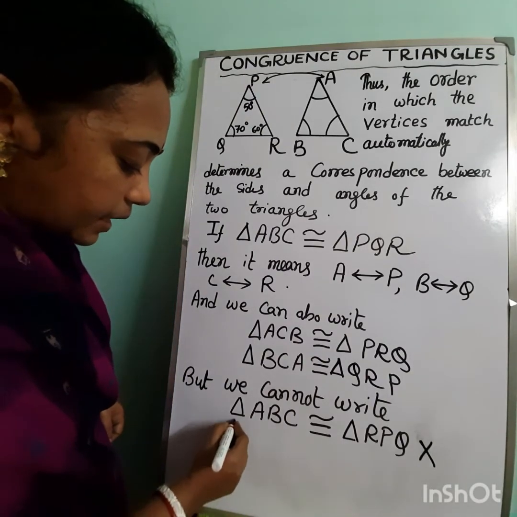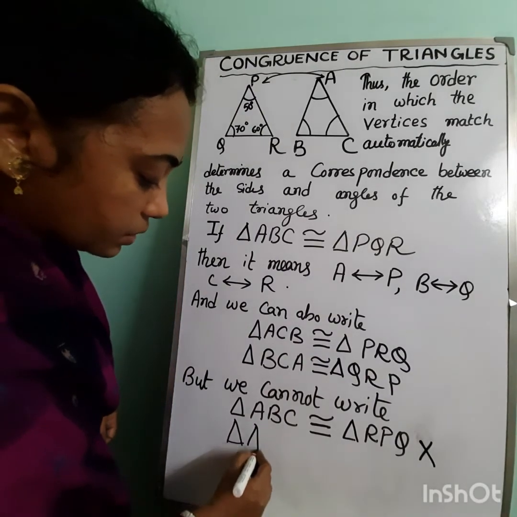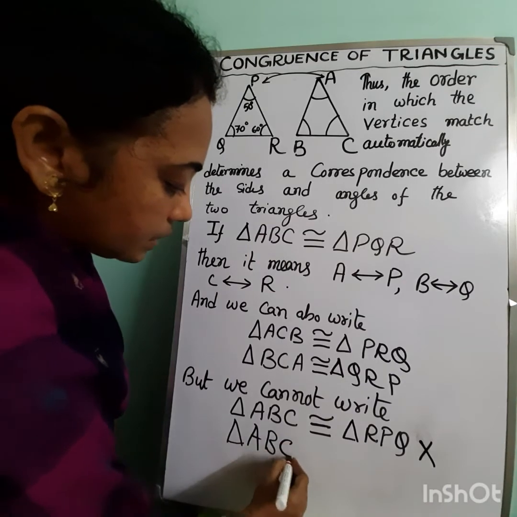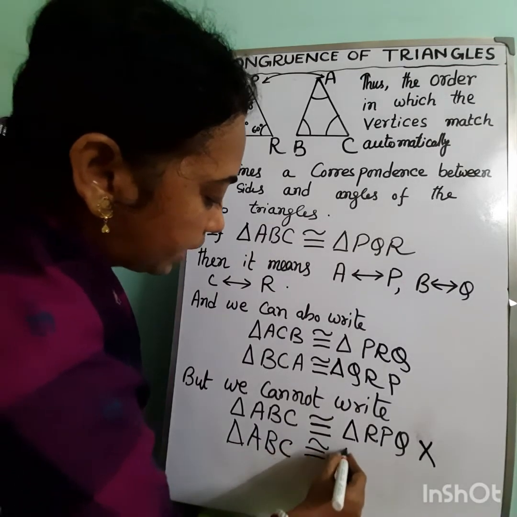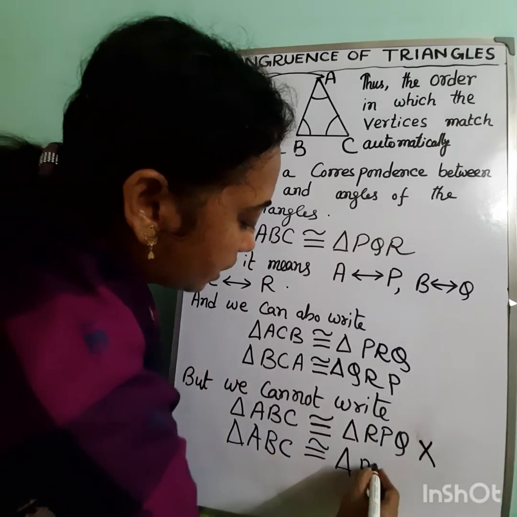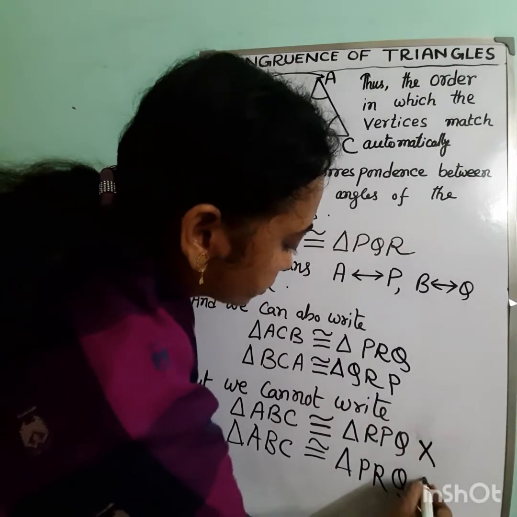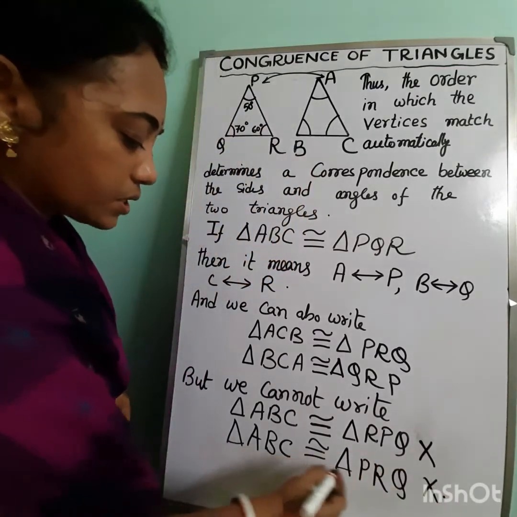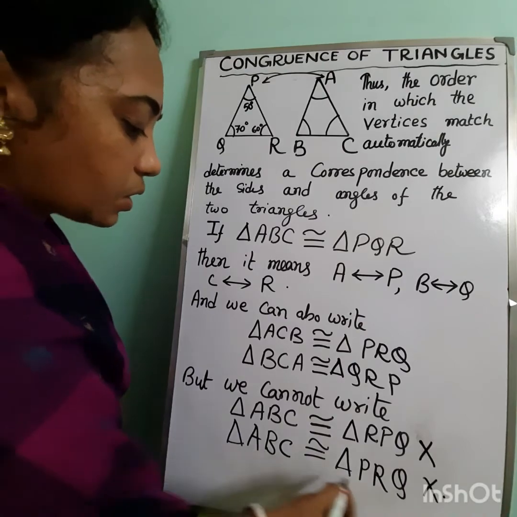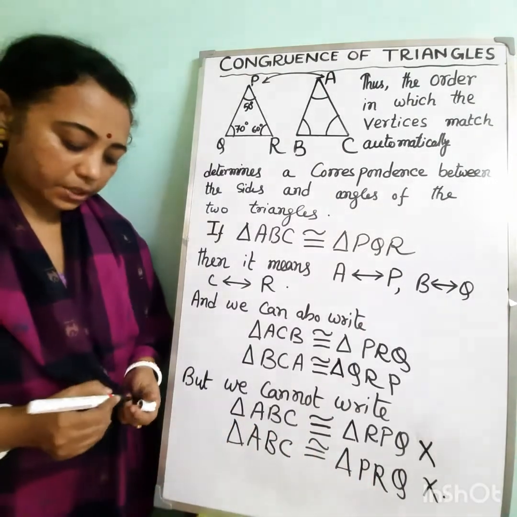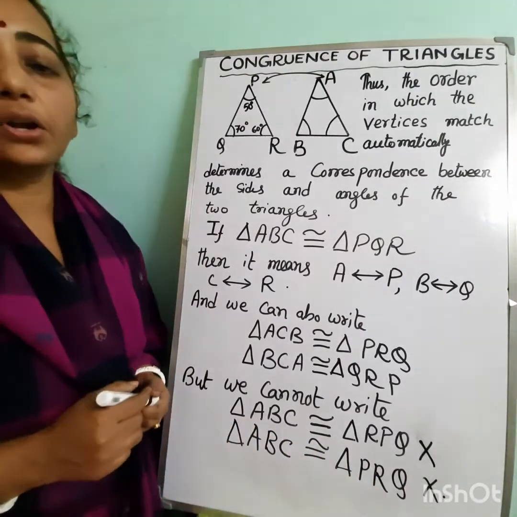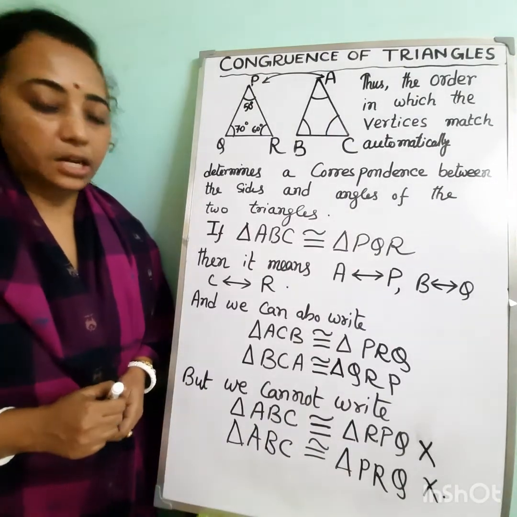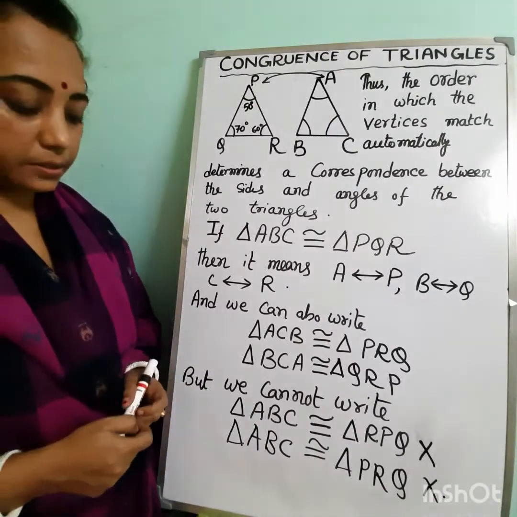We also cannot write triangle ABC congruent to triangle PRQ, because A corresponds to P, but B does not correspond to R. So if any of the order is not satisfied, then we cannot write that statement as true.